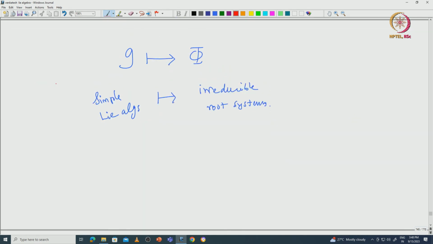So, what indeed we are saying with this map, simple Lie algebras are mapped to irreducible root systems, and if you write G as G_1 direct sum etcetera direct sum G_t, which is a direct sum of simple ideals, that corresponds to the irreducible decomposition of phi.